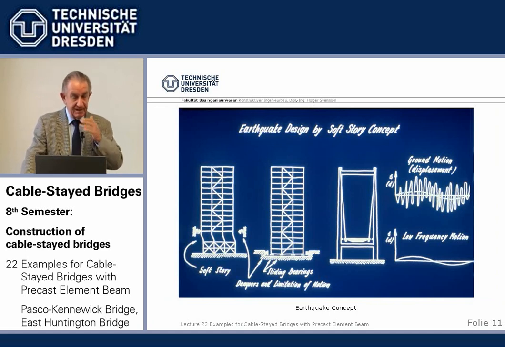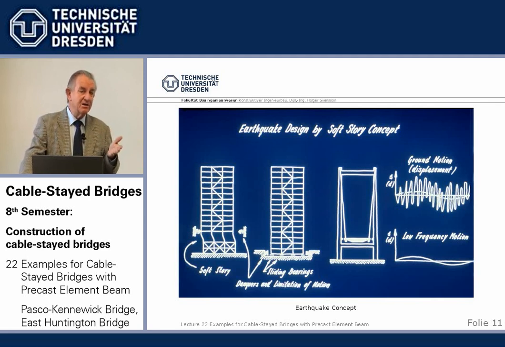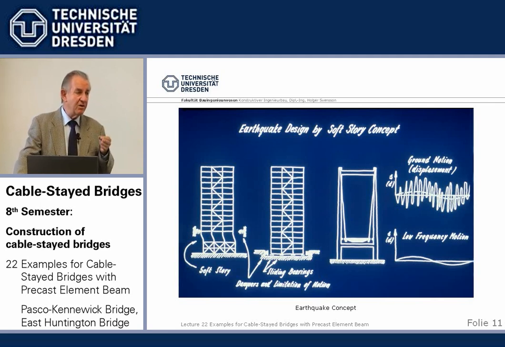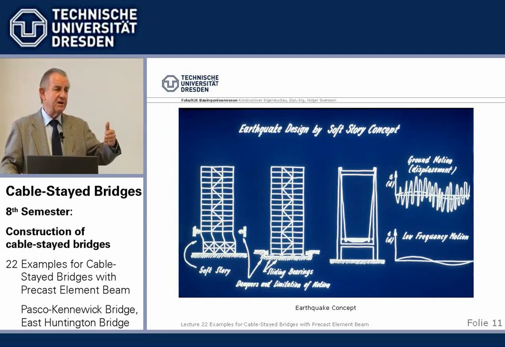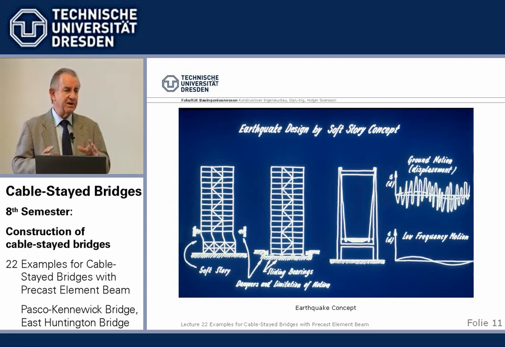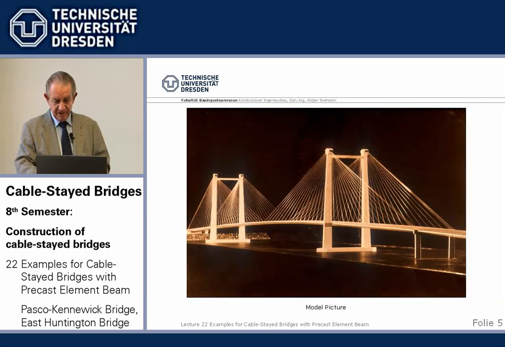Then you all may know that in California we have the San Andreas Fault, and there's a big danger of a very heavy earthquake. So bridges in San Francisco are now being refurbished and all sorts. Now the Pasco Canyon, let me go back.